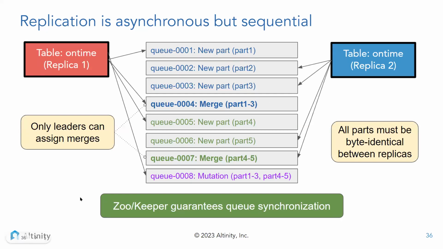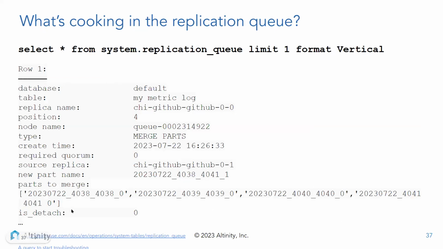So this is a really important feature, and what it means is a server can be disconnected, for example, for a while, and then when it reconnects, it'll see this queue and be able to pick up all the parts.